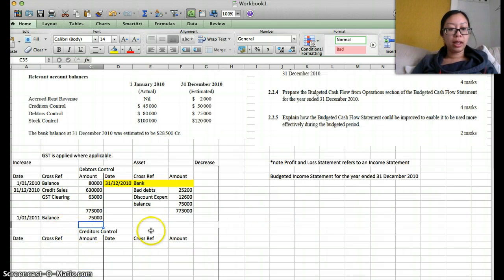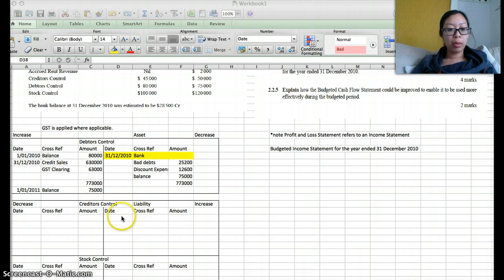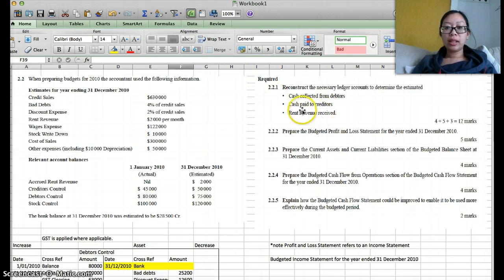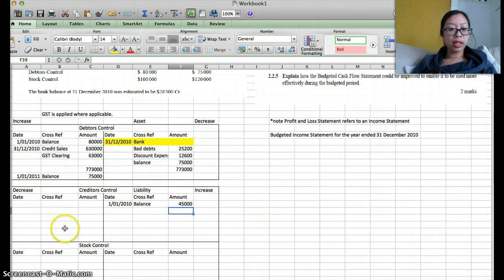Same thing. It's a liability account, so increases on the right and decreases on the left. Okay, so let's put in the opening balance, which was 45,000. And we're trying to find the cash we paid back to creditors.